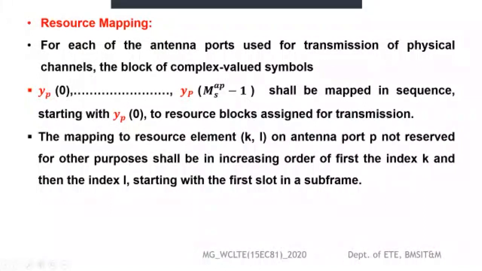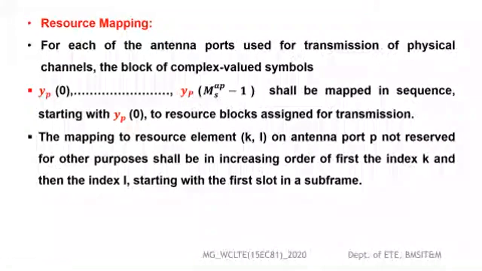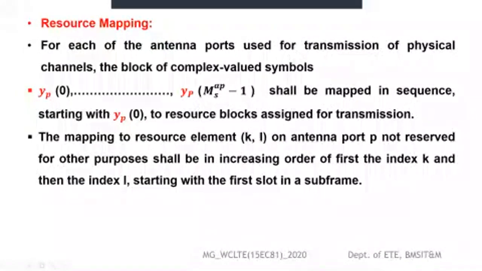In resource mapping, for each of the antenna ports used for transmission of physical channels, the block of complex-valued symbols, the output of the precoder, is written as yp of 0 and so on up to yp of M_symb to the power of ap minus 1. That will be mapped in sequence, starting with yp of 0, to the resource blocks assigned for transmission.